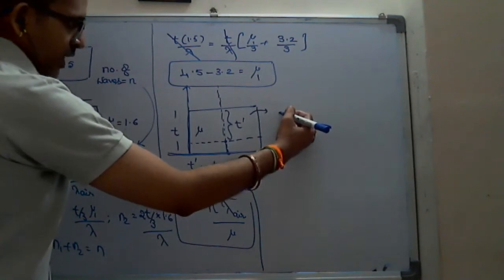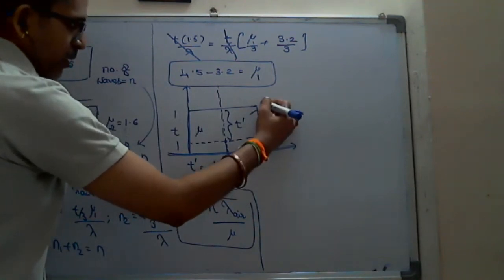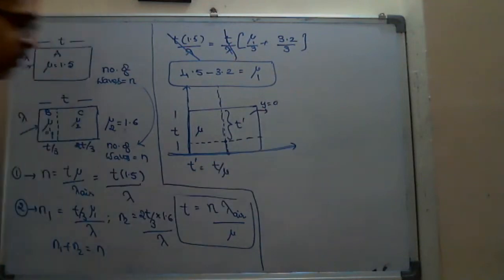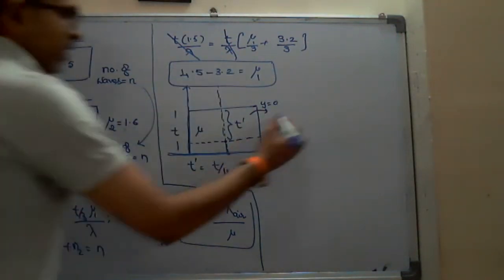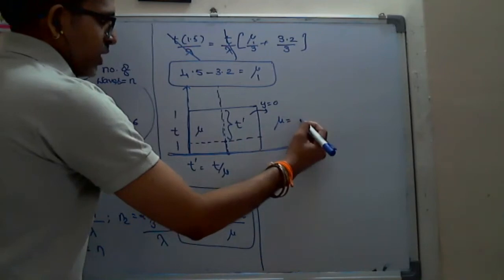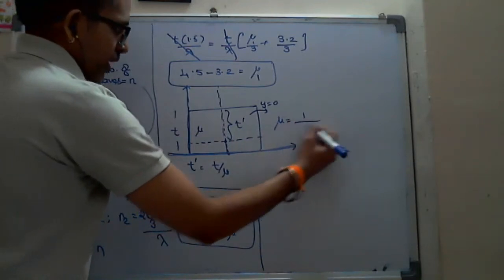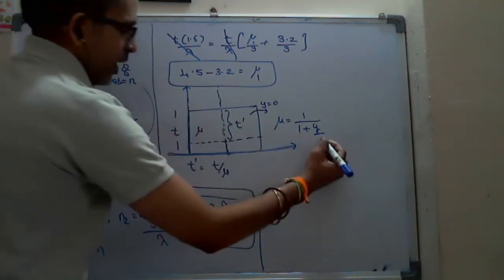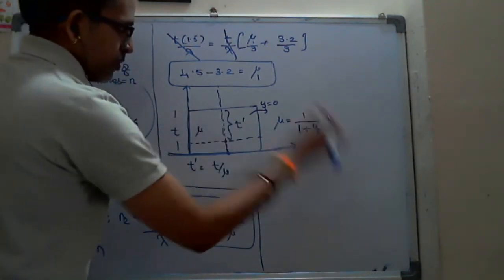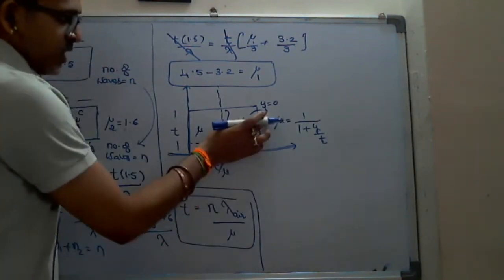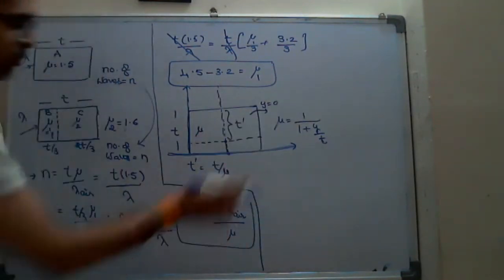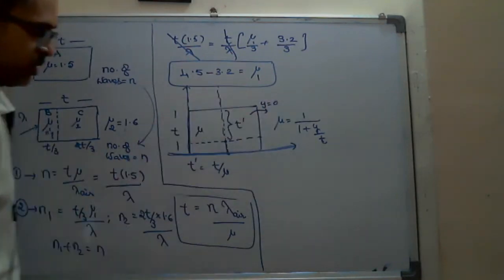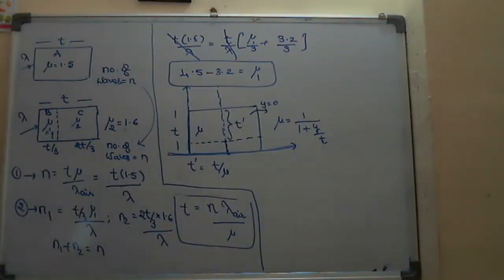Mu is equal to 1 plus y by T, suppose its thickness is T. So the refractive index changes like this with the depth y. Then what will be the apparent depth of those letters if they ask?